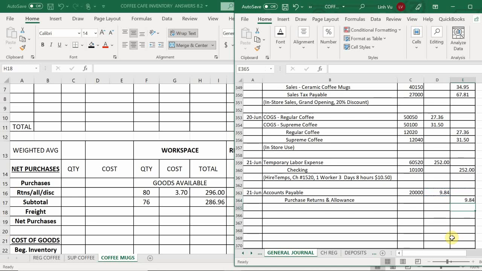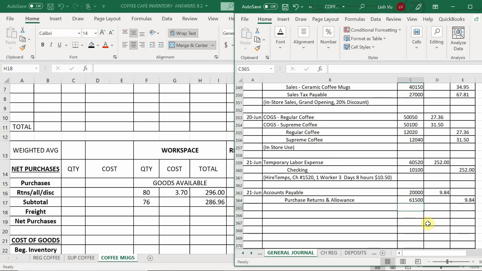Okay. What is my purchase returns and allowances account? Account 61,500. That's all.